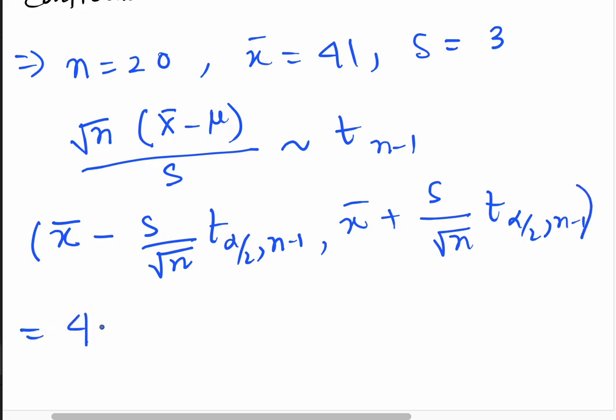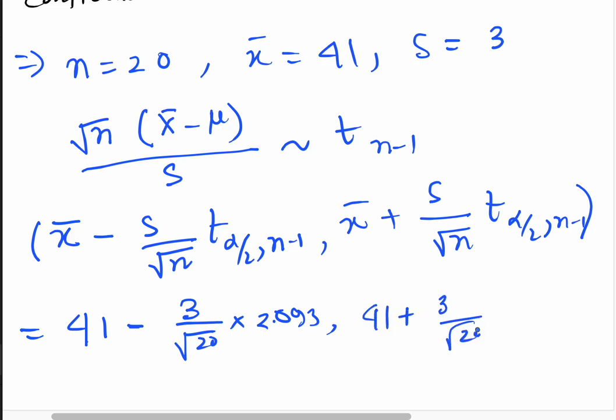So it is 41 minus 3 by root 20 into 2.093 to 41 plus 3 by root 20 into 2.093.